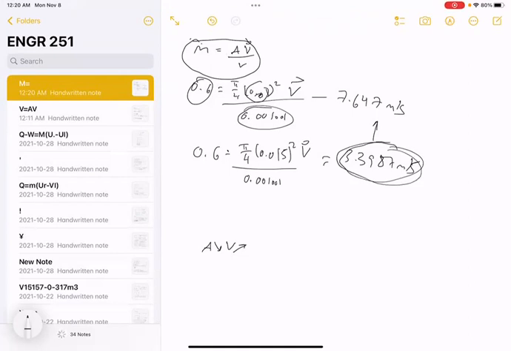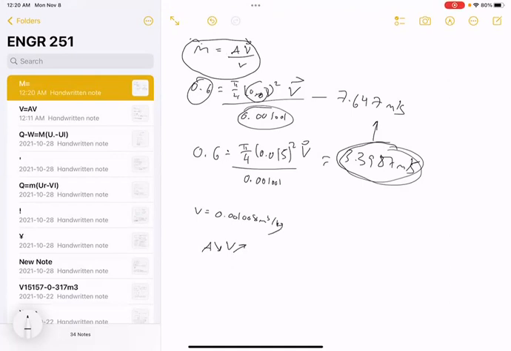Okay, now the question also asks us how this changes if the temperature is a bit higher. If we look at the property tables at 40 degrees Celsius, the new specific volume is 0.001008 meters cubed per kilogram.